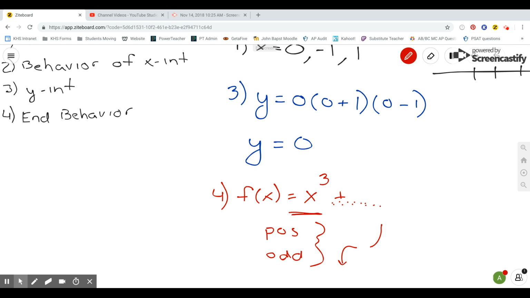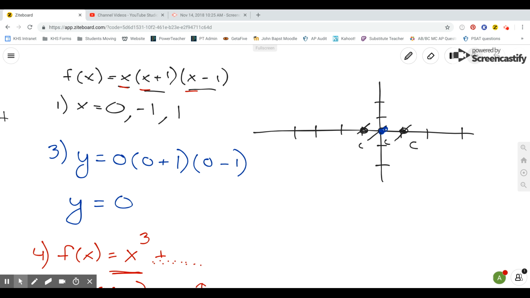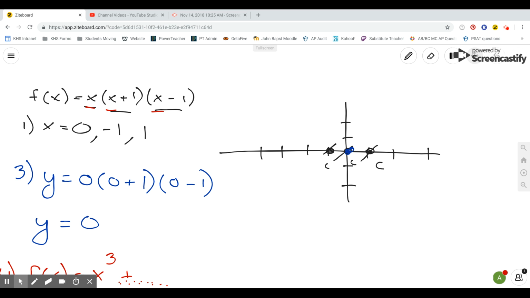So when I add this information to my graph, in the top right corner, I'm going to put an up arrow. And in the bottom left corner, I'm going to put a down arrow. I'm not going to instantly try to connect it because I just want to get all of my information down on my graph.